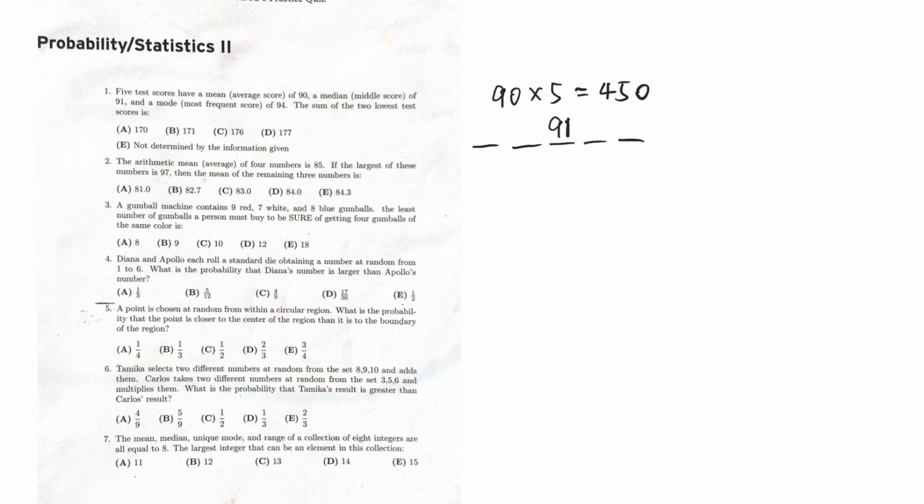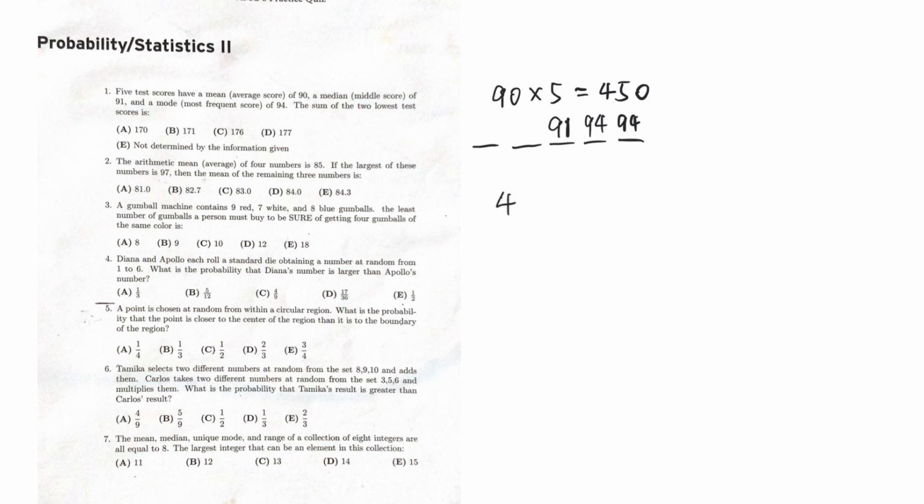And the mode is 94. The mode is greater than 91, so we only have the 2 positions for the 94. They ask for the sum of the 2 lowest scores.